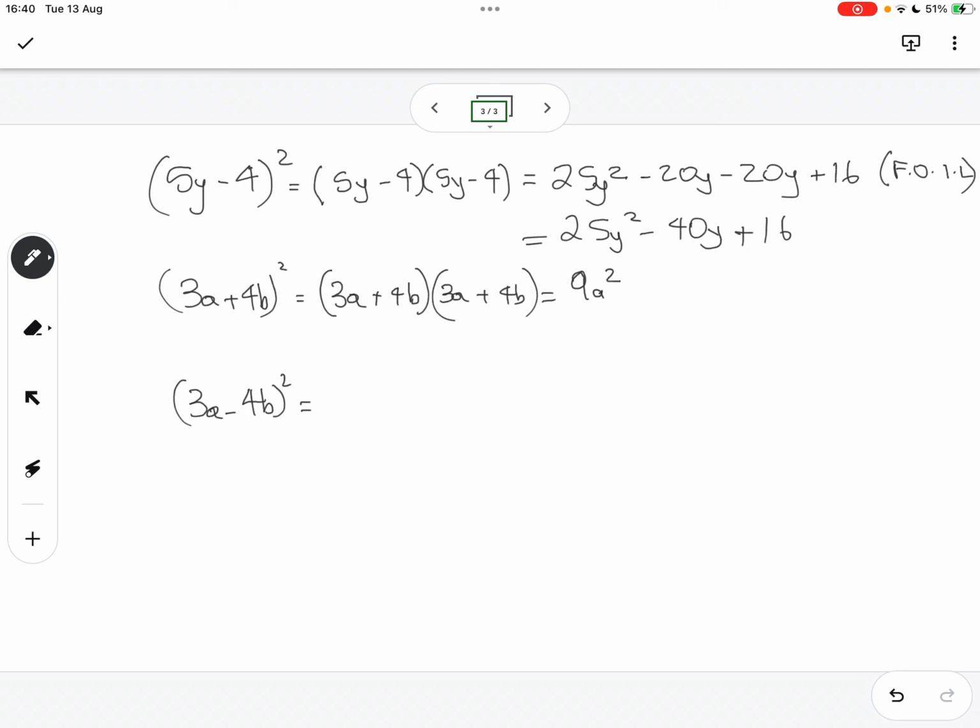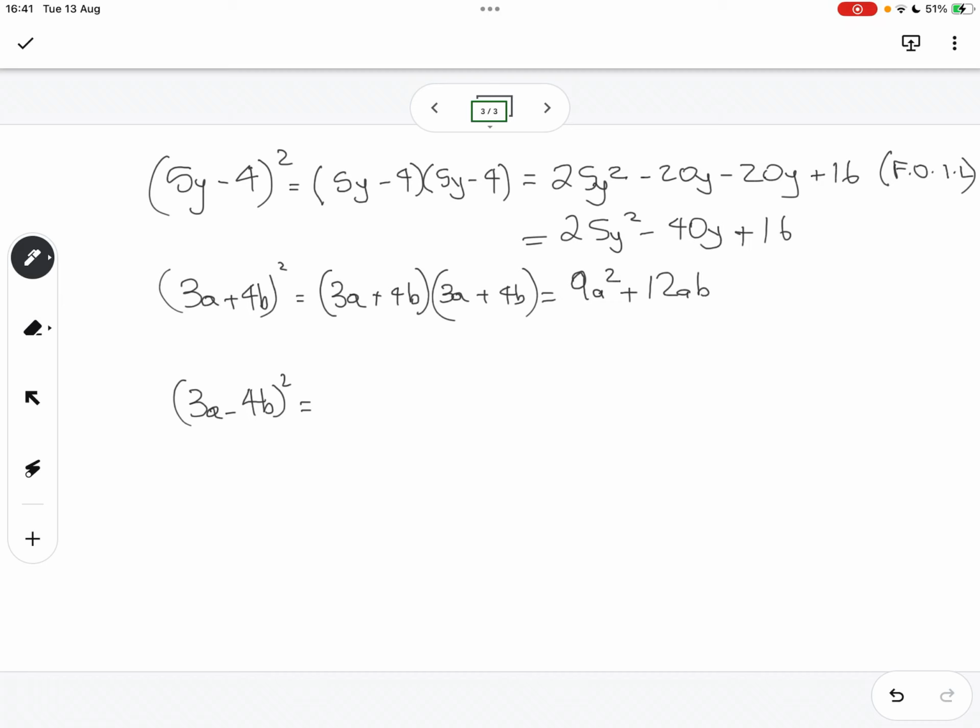So again, you have to mention the squared so that also in your mind you remember that it's squared. Then we've done the first, and then we do the outer ones. So the outer is 3a times positive 4b, and how much is that? It's 3a times 4b, 12ab. So it'll be 12ab.